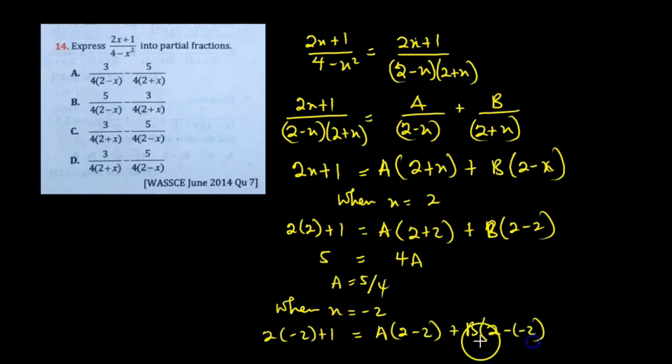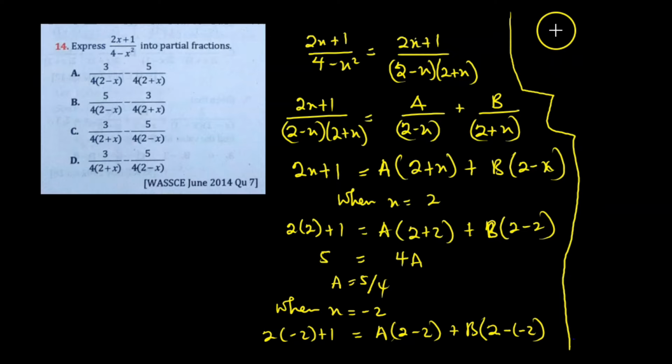Hold on, this will be giving me 0. A times 0 is 0. So we are left with, let me continue from here. I'm continuing from up here. I've made some space a little.